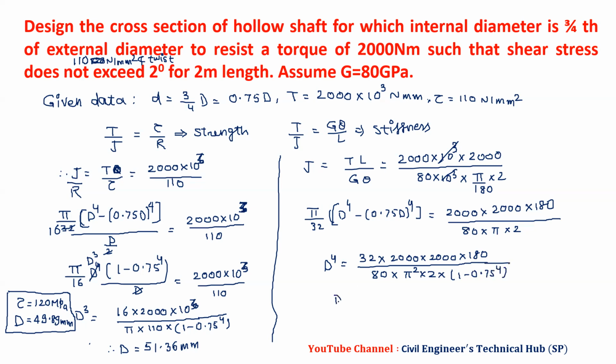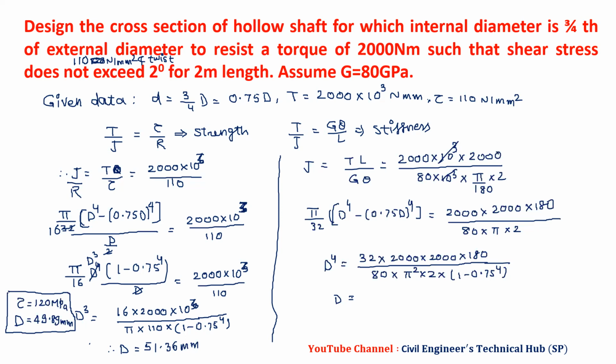And from this you calculate value of D. So we have, just I will check, 80 pi square into 2 into 1 minus 0.75 to the power 4, inverse multiply by 2000 square into 180 into 32, to the power 1 by 4.